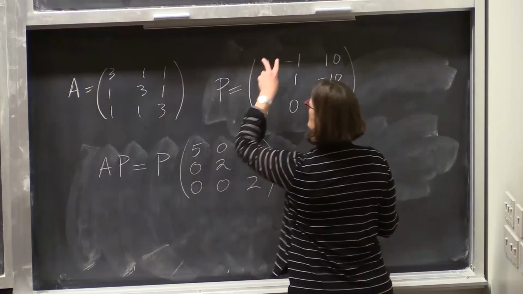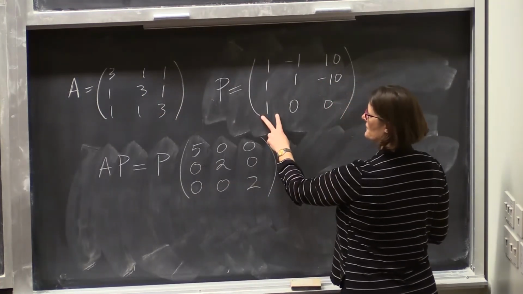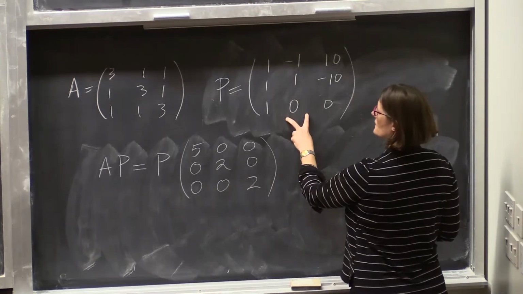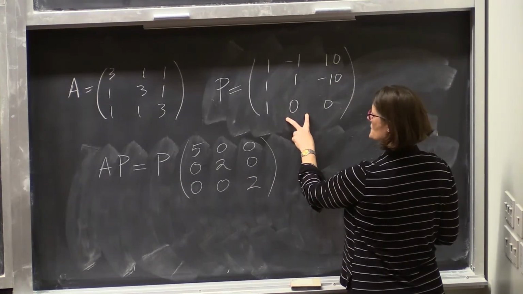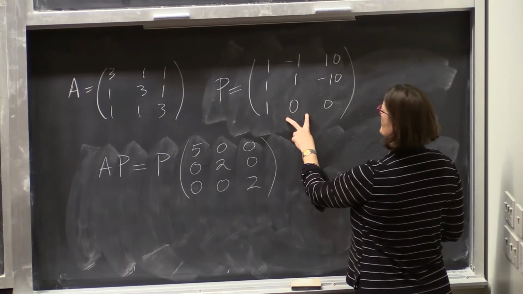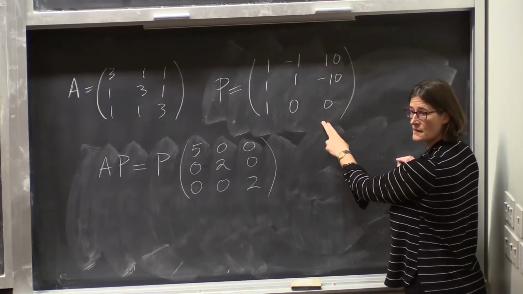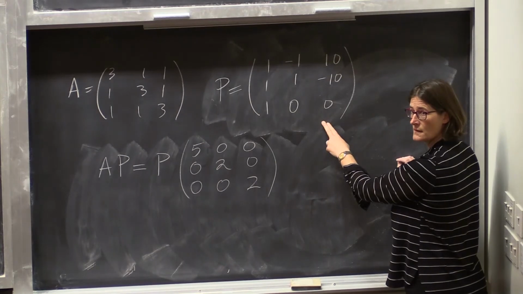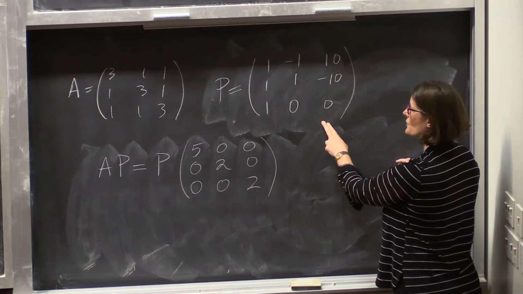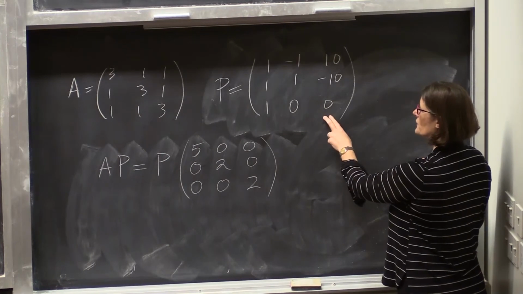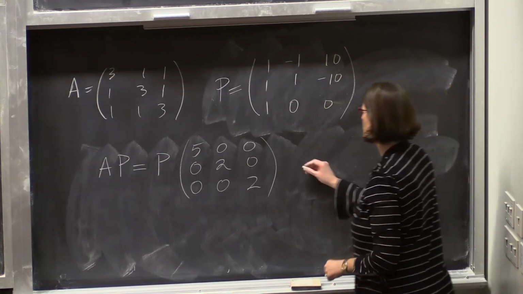Because A times the first column gives me 5, 5, 5. A times the second column gives me minus 2, 2, 0. Is this third column an eigenvector? Yes, it's a non-zero multiple of an eigenvector. Its eigenvalue is 2. So this is certainly true.